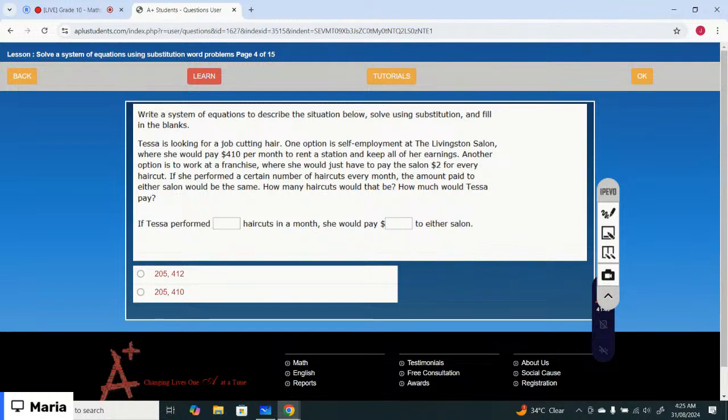Tessa is looking for a job cutting hair. One option is self employment at the Livingston Salon, where she would pay $410 per month to rent a station and keep all of her earnings. Another option is to work at a franchise where she would just have to pay the salon $2 for every haircut.